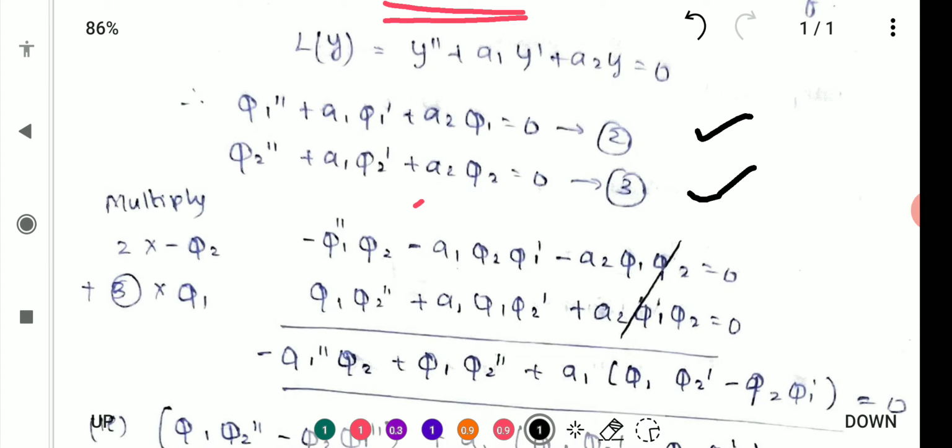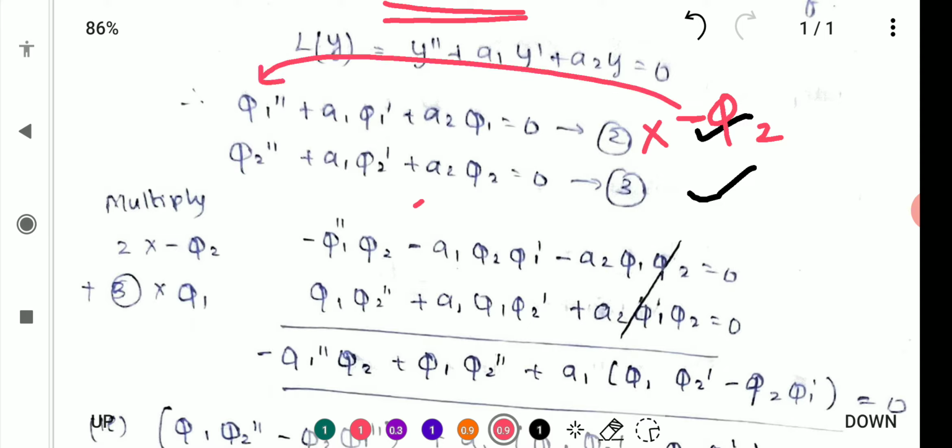In the second equation, I am going to multiply by minus phi2. So by multiplying, here we get minus phi1 double dash into phi2.